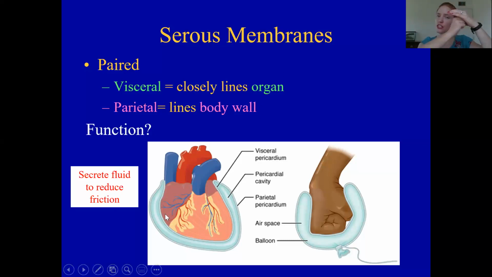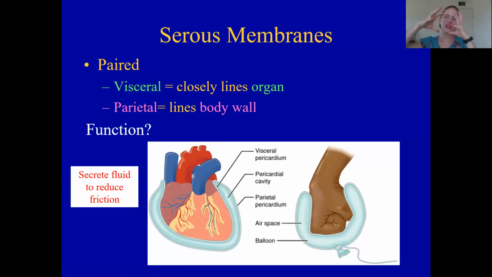Okay, so think about that heart. Usually it beats about 70 beats per minute, so 70 contractions every minute, just moving around. Now, if you didn't have any serous fluid in there, you're going to get a lot of friction, and friction can be damaging.